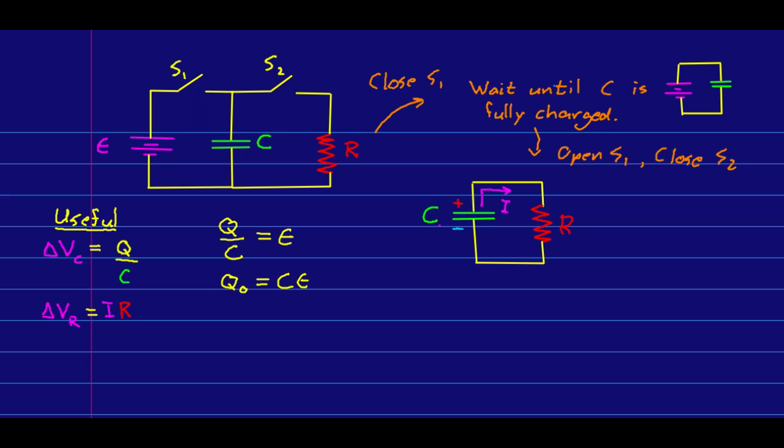Because the potential difference across the capacitor depends on the amount of charge on it, and this current represents charge flowing off of it. In fact, this current would be the negative derivative of the charge on the capacitor with respect to time. Why negative? Because that charge is decreasing, and that is being registered here in our sign convention as a positive current.